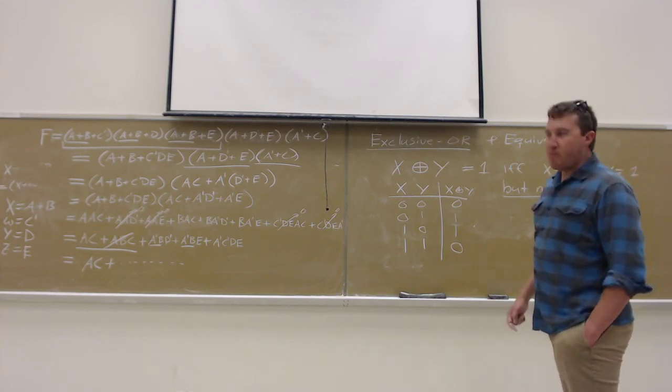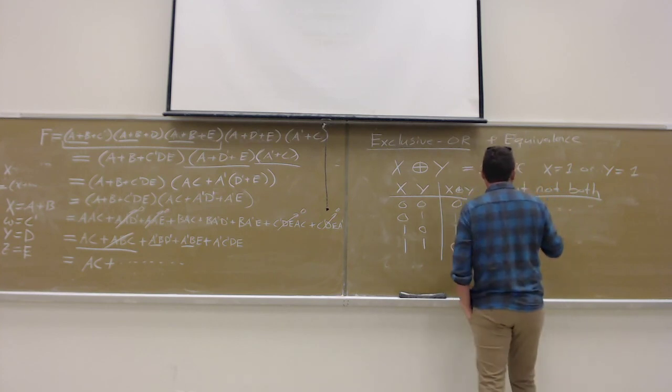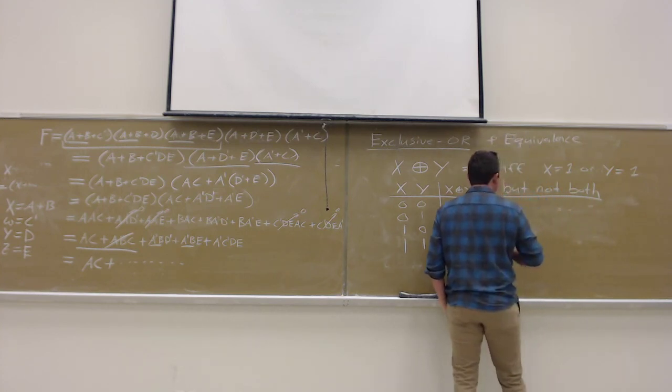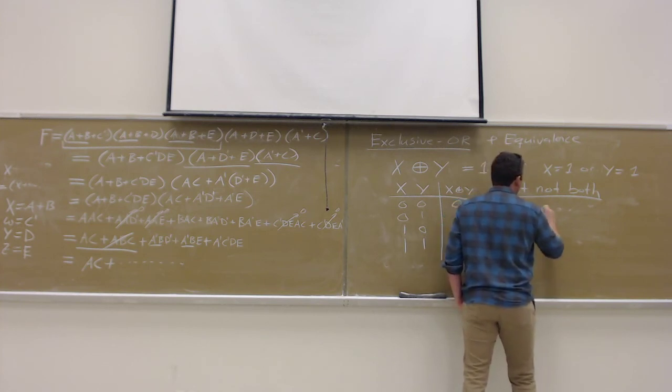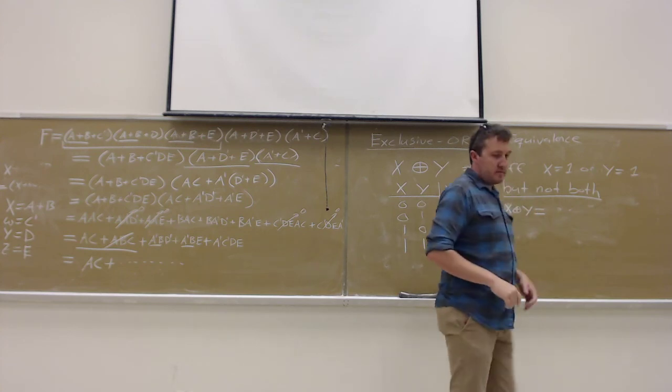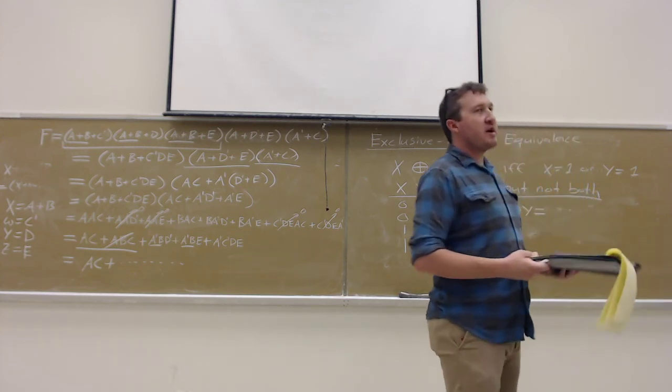So it has an algebraic definition, right? Because remember, we always need to get back to our standard forms. So if I say X exclusive OR Y, how do we write that as an algebraic expression?